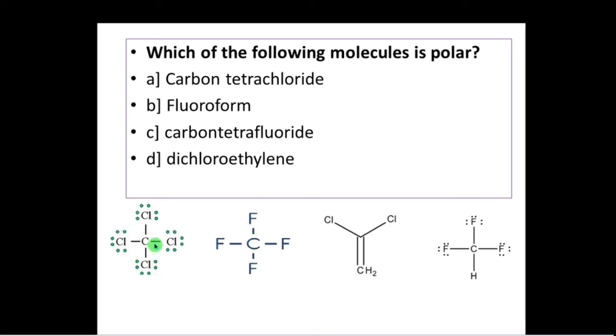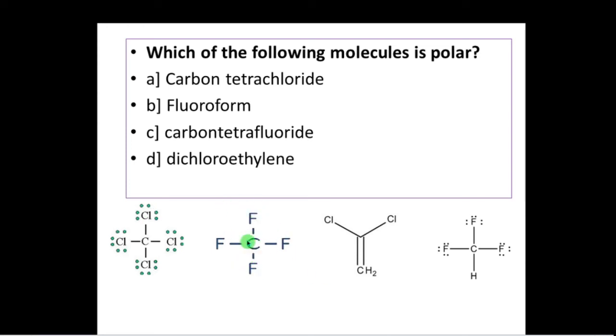In all the cases, carbon is less electronegative than chlorine, so it attracts the electron towards chlorine. Similarly, all the sides of the chlorine are attracting the electron. Similarly in the case of fluorine, carbon tetrafluoride also.